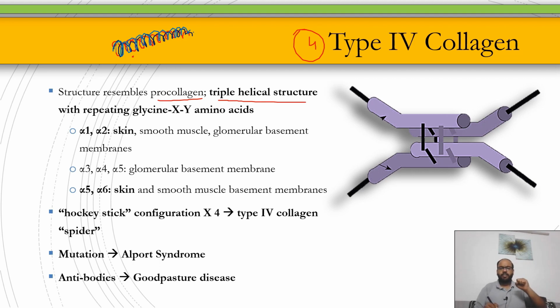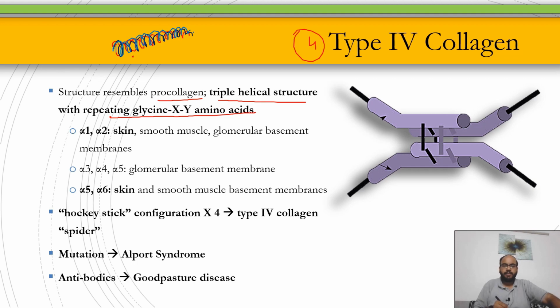We all remember that collagen has a triple helical structure. Now this collagen will have, like every collagen, repeating glycine-X-Y amino acids. What are X and Y? X and Y are the placeholders in which other amino acids can attach, mostly proline, hydroxyproline. The more proline or hydroxyproline, the more intervening hydrogen bonds between collagen strands, providing more structural stability.